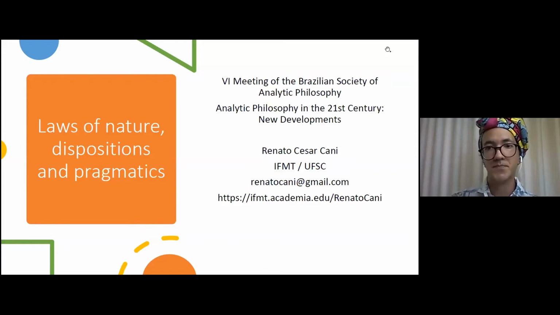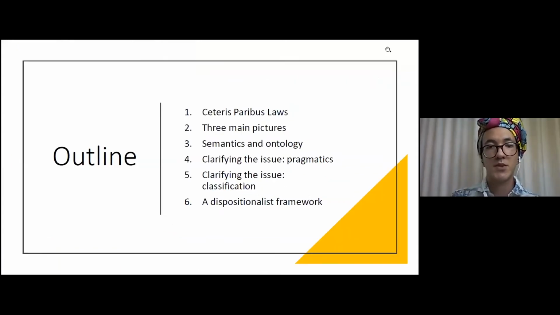So a brief outline for this presentation. There are precisely 6 parts. In the first part, I'll try to define and to provide some examples for Ceteris Paribus laws. What does this concept mean?